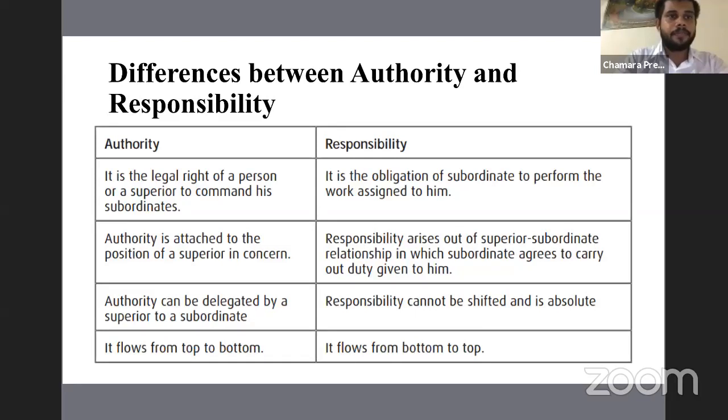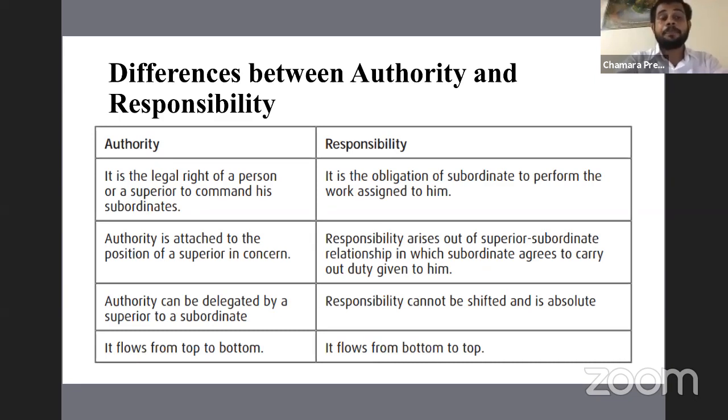Then let's take a look at responsibility. Responsibility is the obligation of a subordinate to perform the work assigned to him. As we discussed, it is the obligation of a subordinate to perform the work assigned to him.